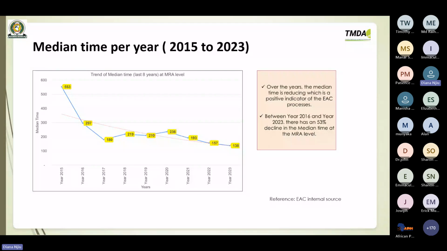There's about a 53% decline in the median time taken for review of the technical information submitted at the national regulatory authority levels.